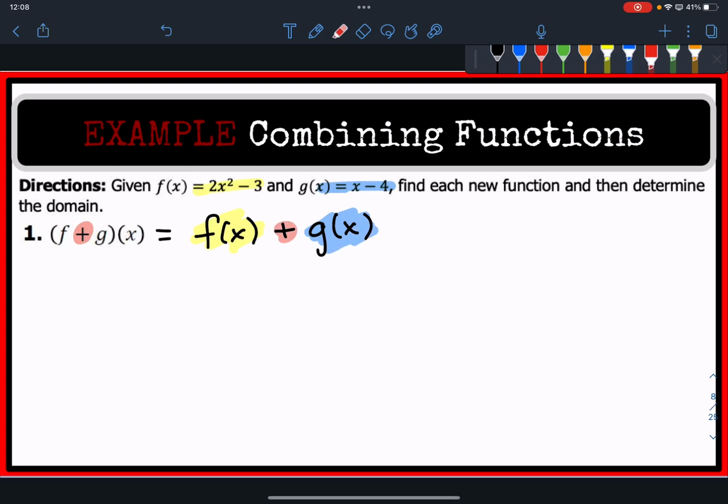Doing the substitution for f, which is 2x to the second power minus 3, and for g, which is x minus 4, I'm simply going to add those two together. Because I'm adding, I don't have to group them using parentheses, as you'll see that I do with the other ones. I can just write my two functions and simplify by combining like terms.